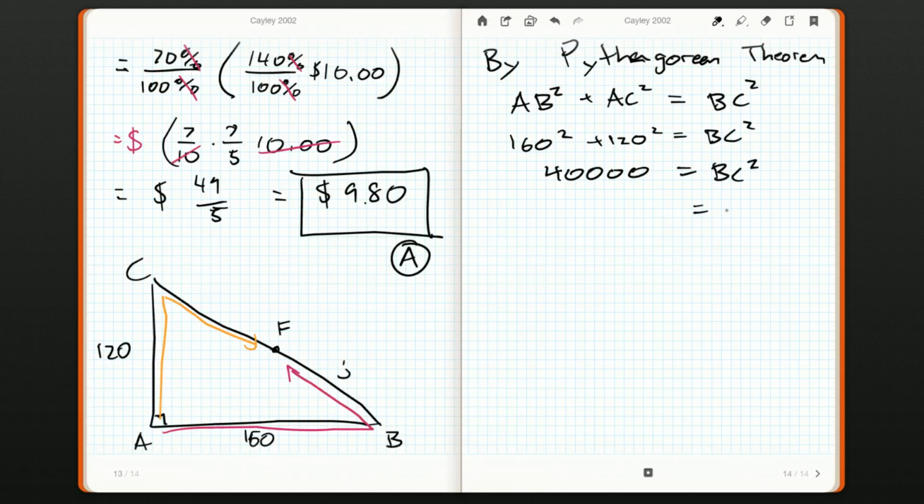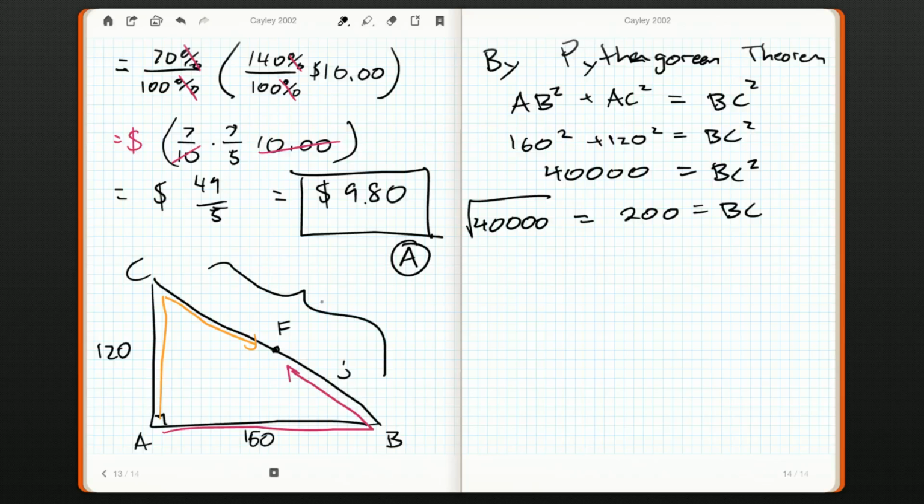If I square root both sides, square root of 40,000, I get 200. So I know that this total distance here is 200, and that means that this is 200 minus J. So now I can set up the equation.